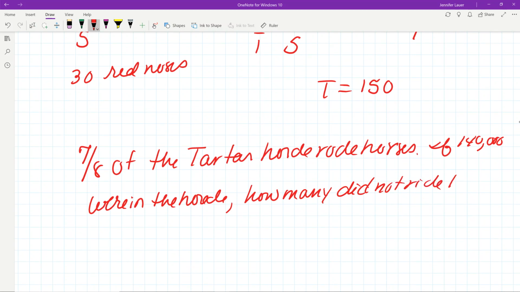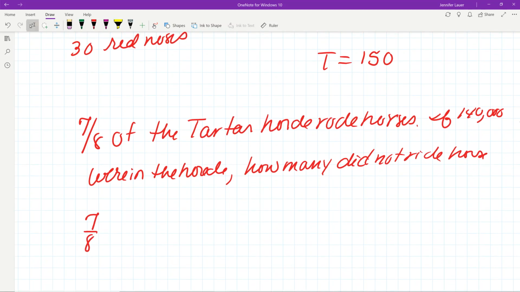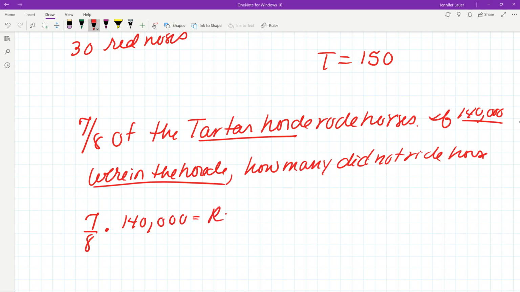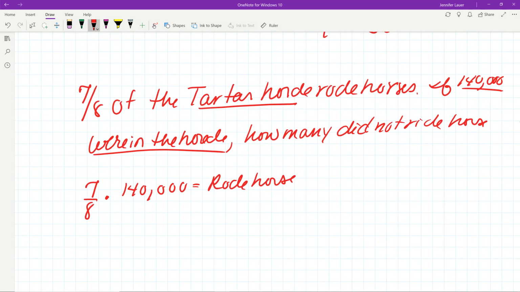So this one can be done a couple different ways. First of all, understand that we're going to use 7/8. It says 7/8 of the Tartar horde, and it gives us the Tartar horde: 7/8 of 140,000. Now be careful, because this is the ones that rode horses. So I'm going to go ahead and work that out.